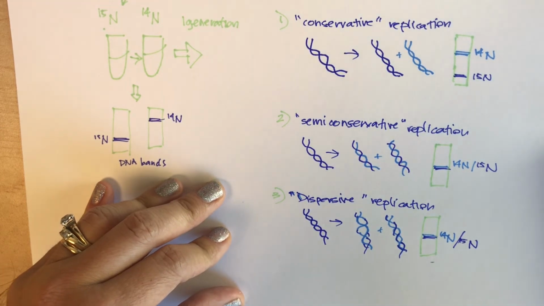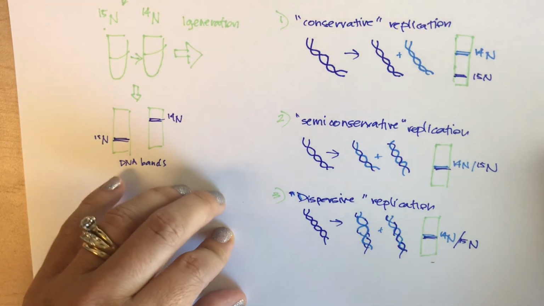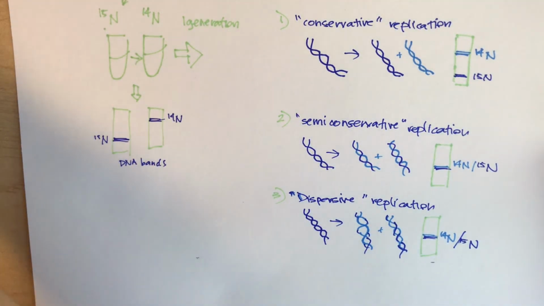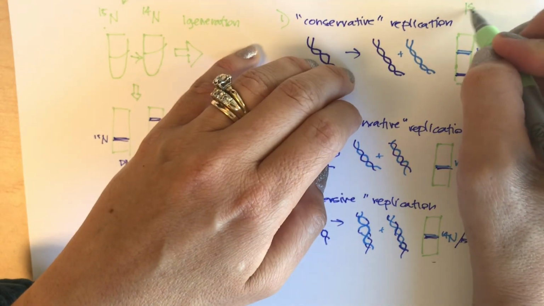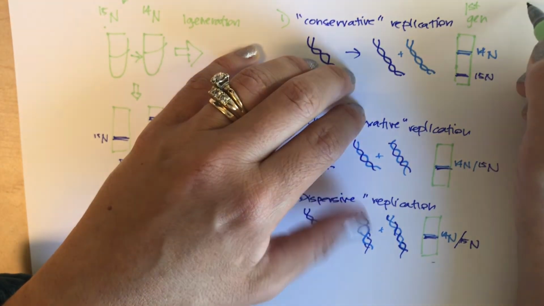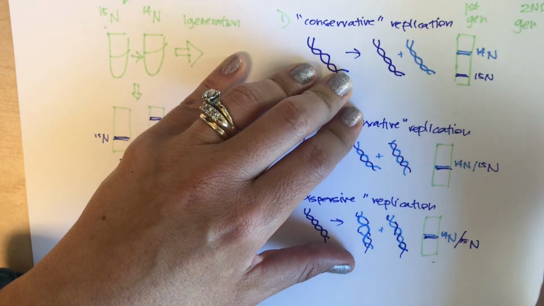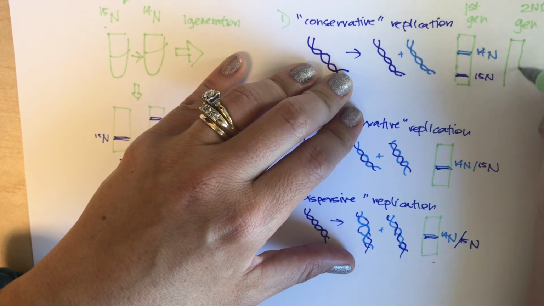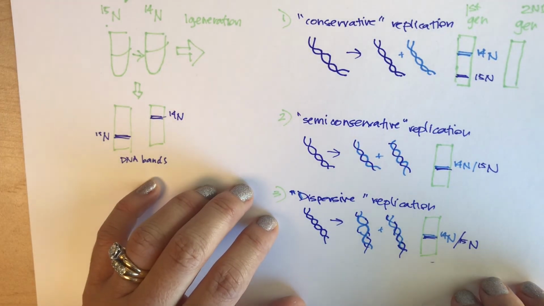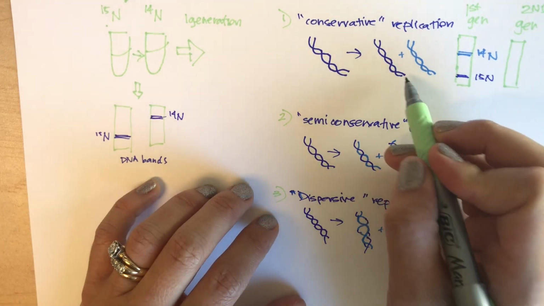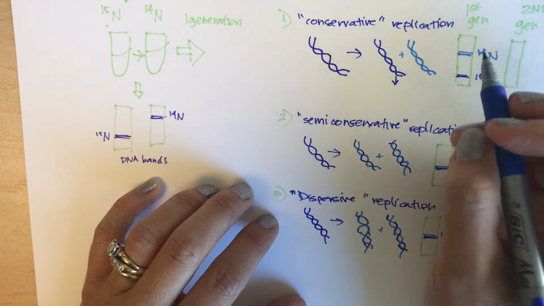Okay. So what they did is they ran a second generation of this. So here's our first generation. And then if we look at our second generation of the density gradient, in the second generation under the conservative model, we would expect that we maintain this molecule here. So this one gets maintained, it goes on to the next generation.